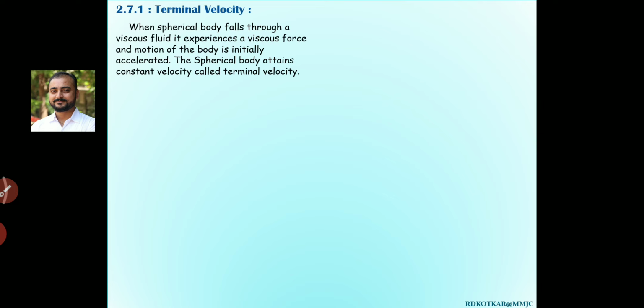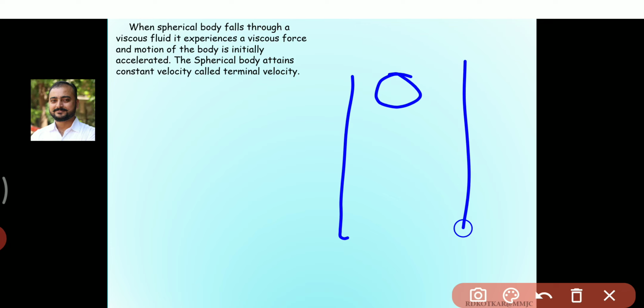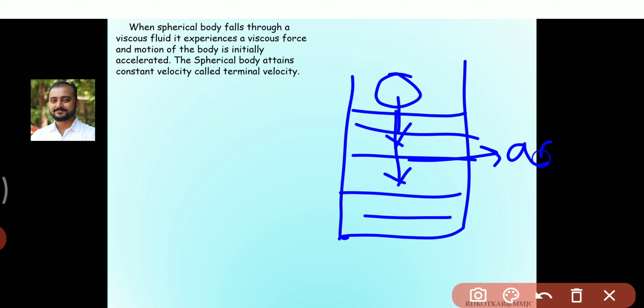So friends, listen here. Suppose a spherical body falls inside the viscous fluid. When it enters the liquid, initially its motion is accelerated, meaning there is acceleration produced, so its velocity increases initially, and after some time it attains a constant velocity.